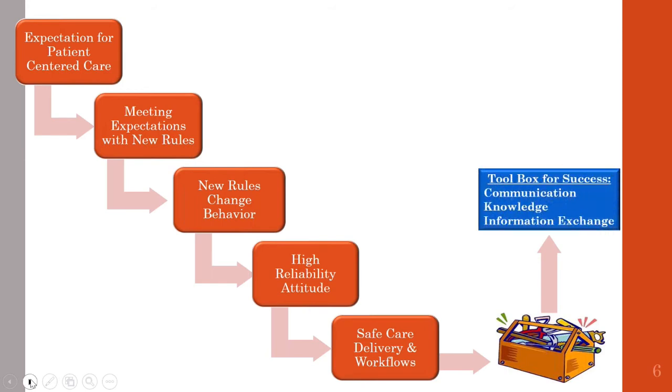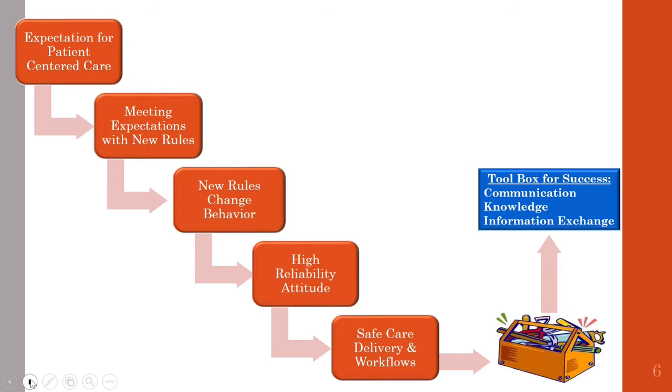But ultimately, in order to do this, I think we all know we have to have the right tools. We have to have the tools that allow us to be successful and that we're able to use across phases of care in order to assist us through that journey. And this toolbox could be longer. I've pulled out 3 tools here that I find to be highly important on this journey.